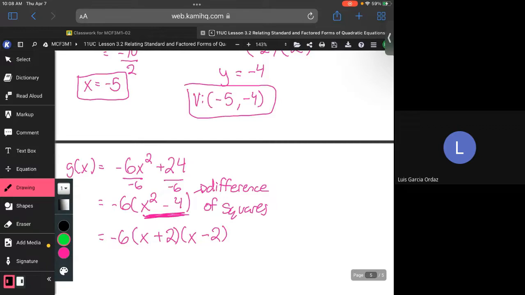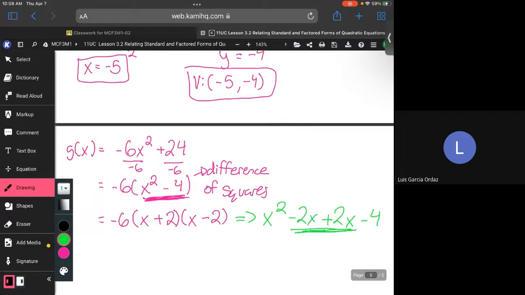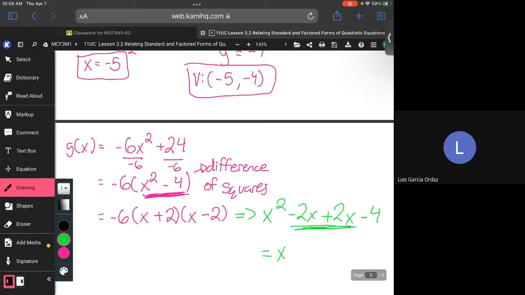If I expand it, I get x squared minus 2x plus 2x minus 4. What's negative 2x plus 2x? 0. So you're left with x squared minus 4. That's why you don't have that middle term.